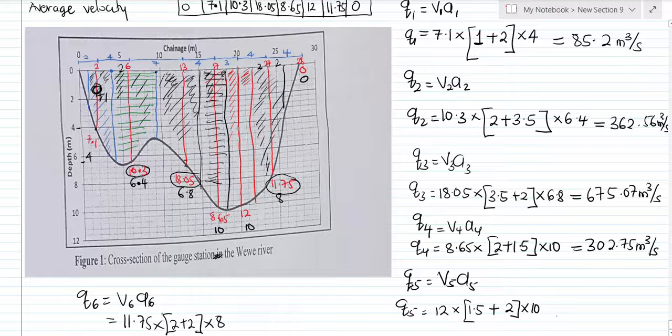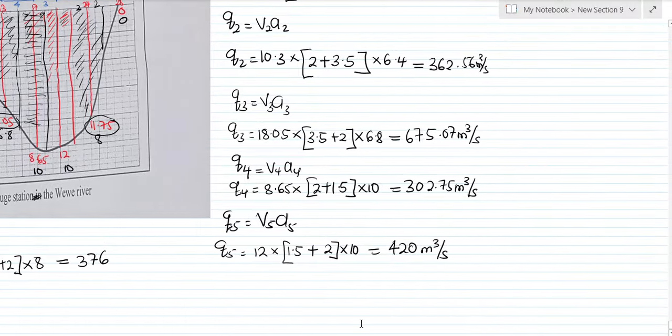Then this section also, which is 4 times 3.5 times 10, and that is 420 meter cube per second. Then the last section, which is 11.75 times 4 times 8, and that is 376.